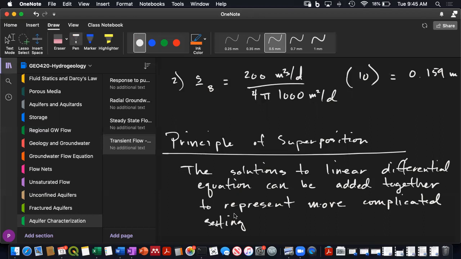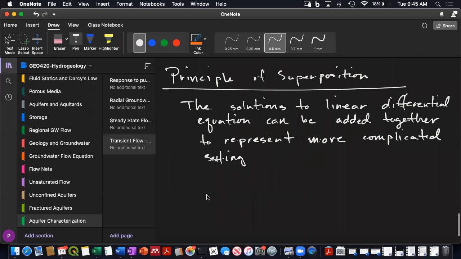It makes our lives really, really much easier in groundwater. All right, so the total drawdown S_T from both wells is just equal to S_A plus S_B by the principle of superposition.